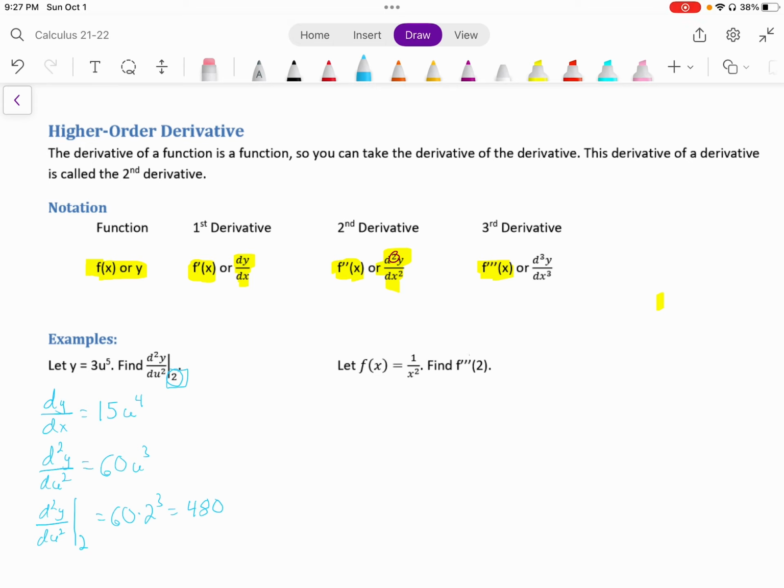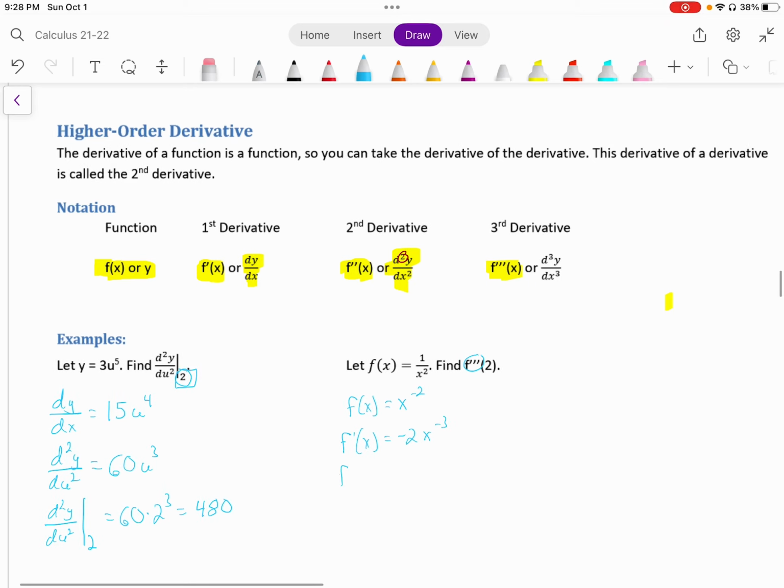For this next one, it's actually asking for the third derivative. I'm going to rewrite just the original function so we can easily use the power rule. So this is x to the negative 2 power. So the first derivative, negative 2, x to the negative 3.